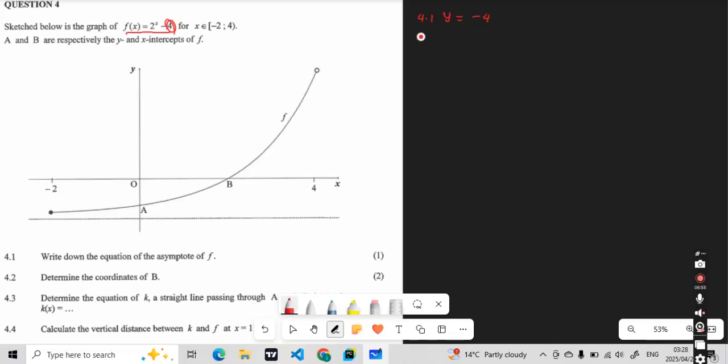Then 4.2: they say determine the coordinates of B. What do we know about B?